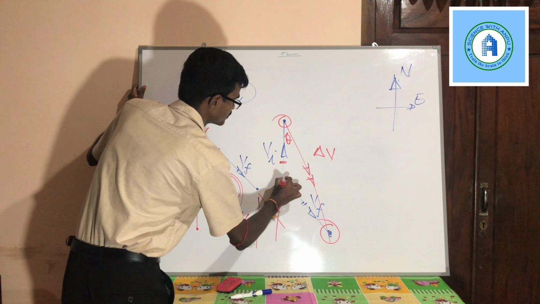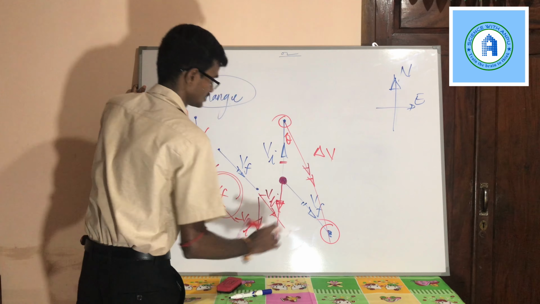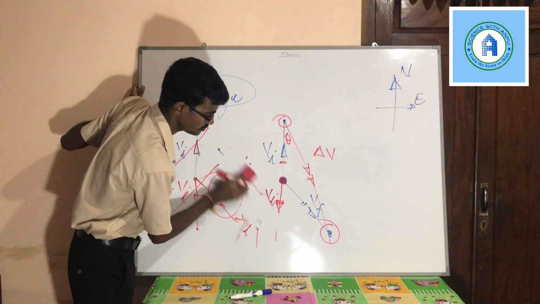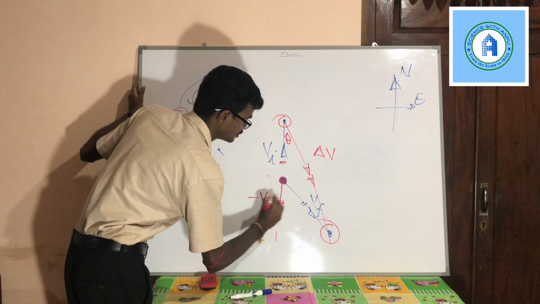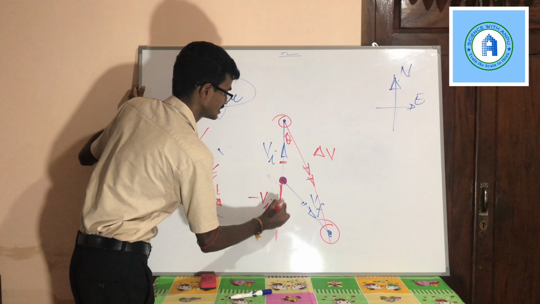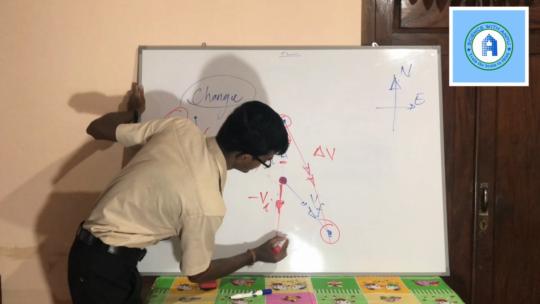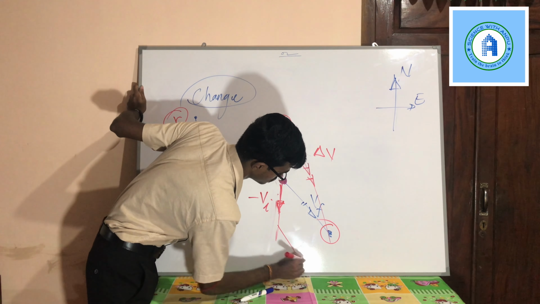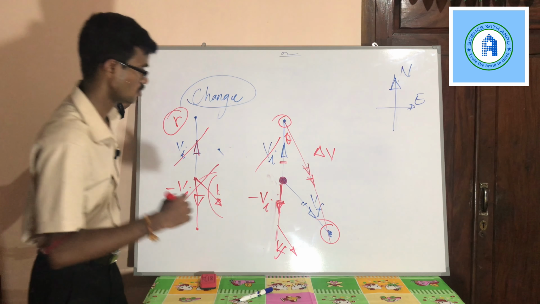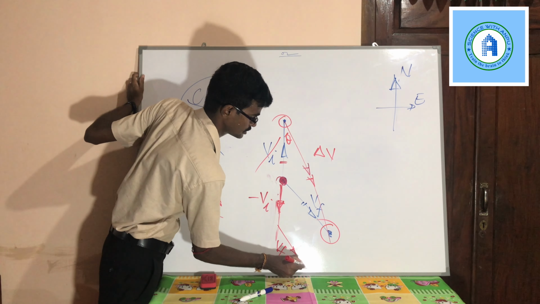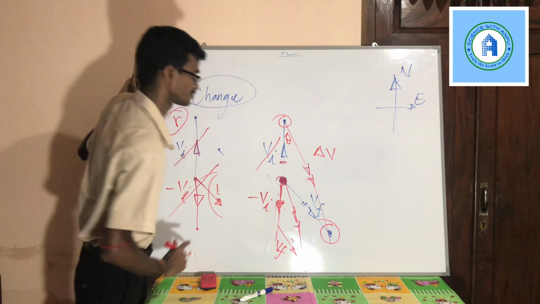I am starting from this point, vi minus vi. First we applied this to cancel this vector, then we applied vf. So from this start to this end, this will be the resultant of these two.